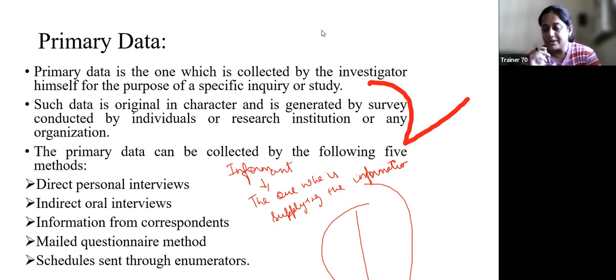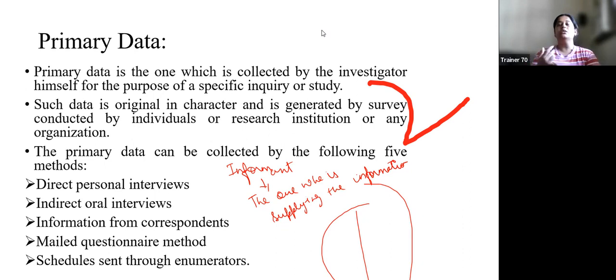Now, under this method, a list of questions is prepared and it is sent to the target population. मतलब अगर मेरा target population है BCom Honors SEM 2 GLA University, so I'll prepare a questionnaire. Questionnaire means a list of questions and I will send it to all the students of BCom SEM 2, and you will have to fill that questionnaire and send it back to me. This is called mailed questionnaire method.